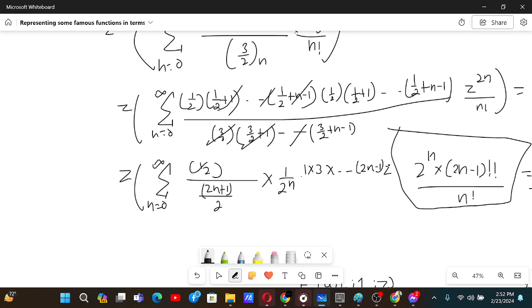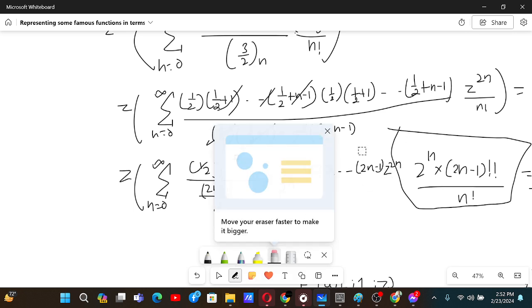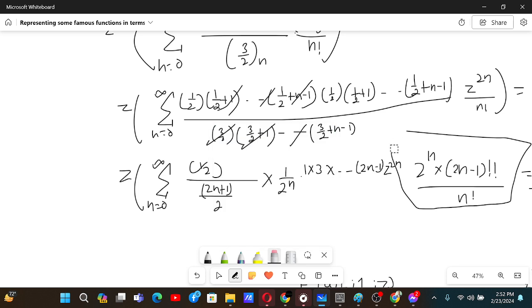Now g to the power 2n, I'm really sorry for the lack of space. Okay, and so we have written it over here. Now g to the power 2n by n factorial.